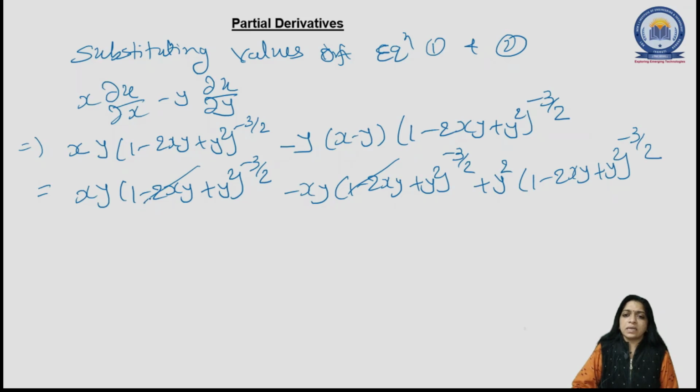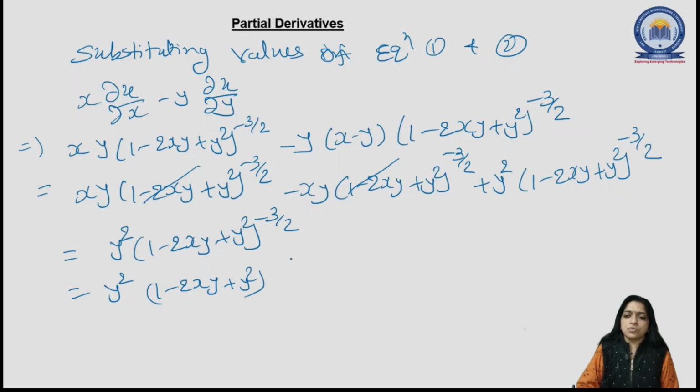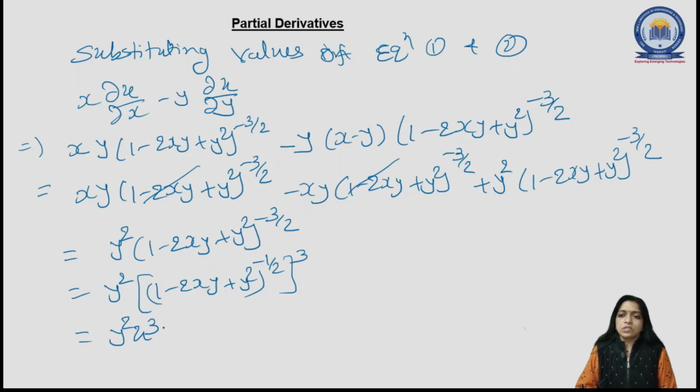Here the first and second terms will be cancelled out, so the remaining term is y square (1 minus 2xy plus y square) raised to minus 3/2. If I keep this bracket as (1 minus 2xy plus y square) raised to minus 1/2, raised to 3, both will be the same, and this bracket is known as u. So my answer is y square into u cube. Okay, so this is what we wanted to prove.